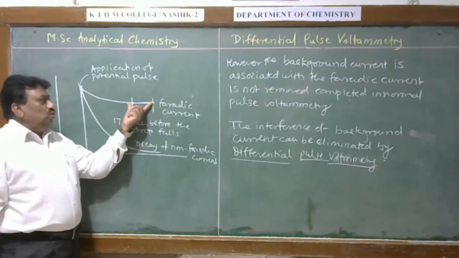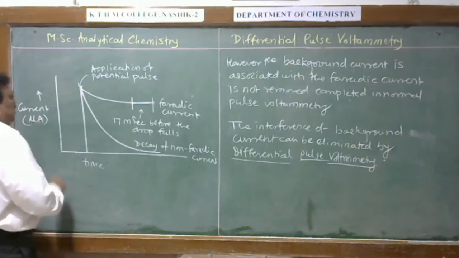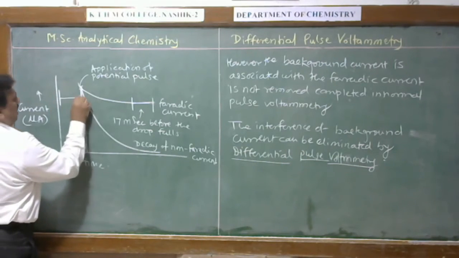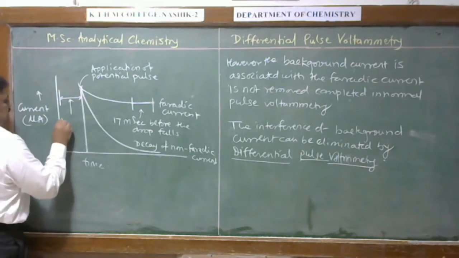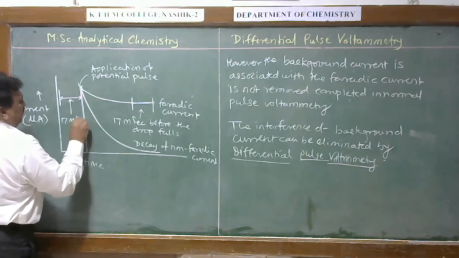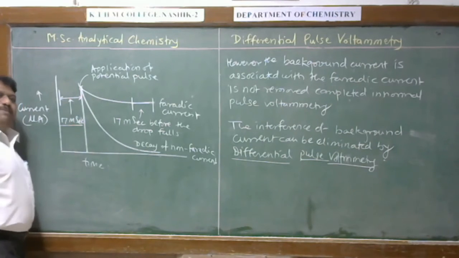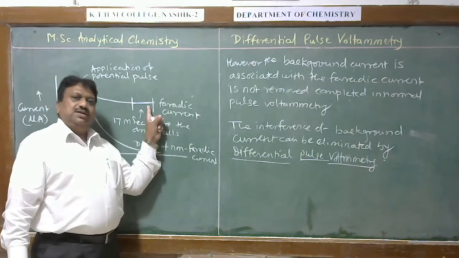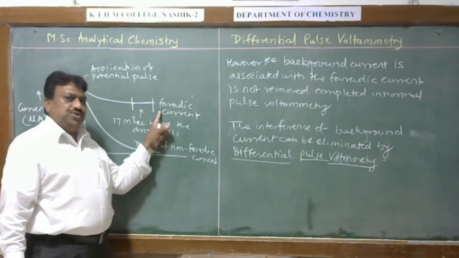In order to eliminate the background current from the Faraday current, two current measurements are carried out in differential pulse voltammetry. That is, 17 milliseconds just before the application of the potential pulse and 17 milliseconds just before the drop falls into the analyte solution.